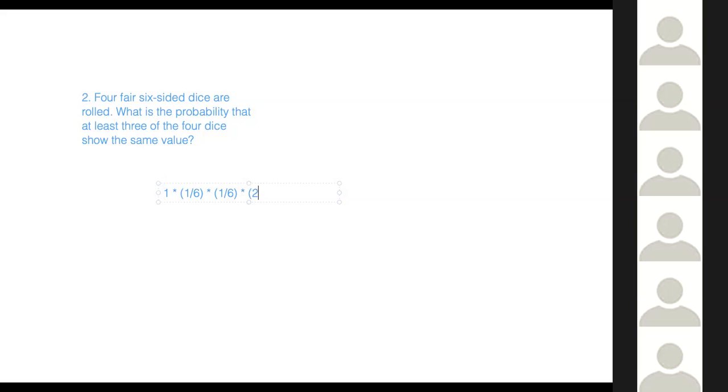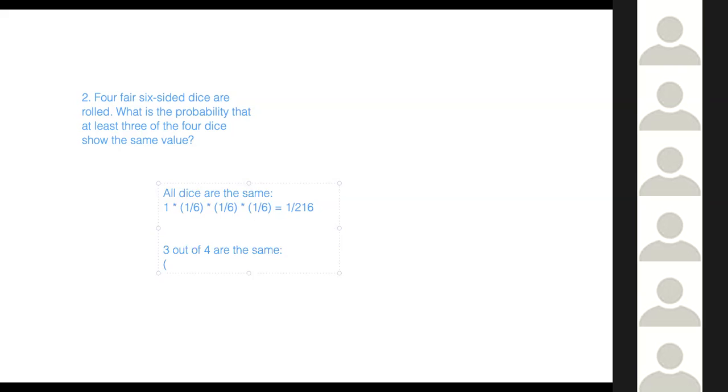And therefore, if you want 3 out of the 4 dice to show the same value, there are 4 possible outcomes where 3 out of 4 of them show the same value. So it becomes 4 times 1, because just like before, the value of the first dice doesn't really matter.